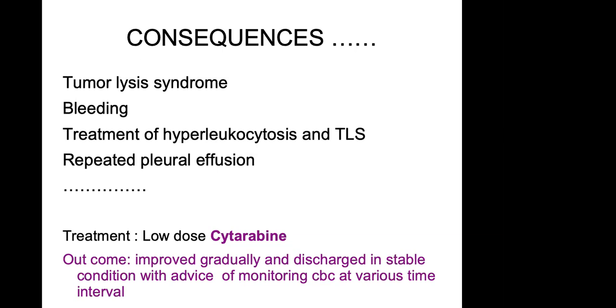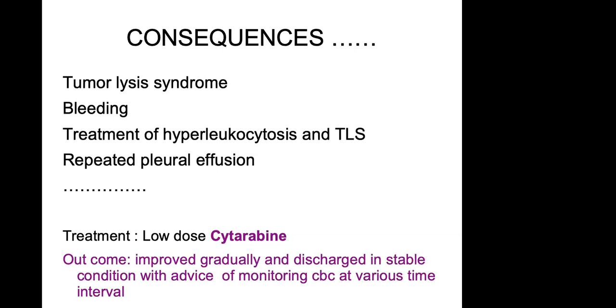He was symptomatic. We will see later what the treatment is for Down syndrome patients with this transient myeloproliferative disorder. Different names have been given: transient leukemia, transient myeloproliferative disorder, or TAM. That is a transient abnormal leukocytosis. So, what is the treatment if they are symptomatic?